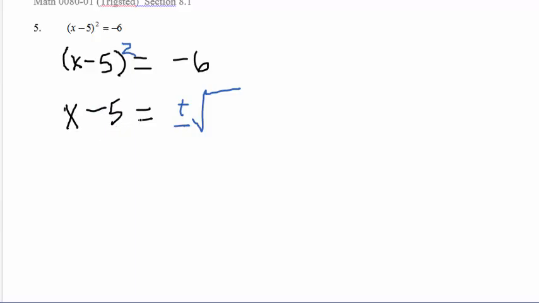So x minus 5 is plus or minus the square root of negative 6. So I am going to add a 5 to both sides of this equation. And I wind up with x equals 5 plus or minus, and let's simplify the square root of negative 6.